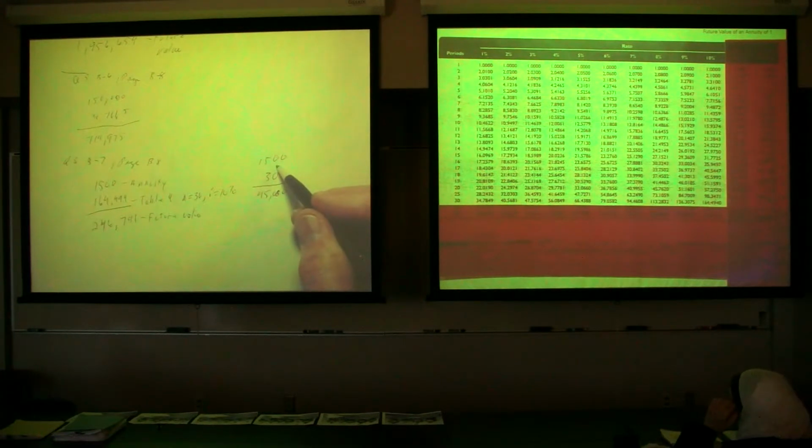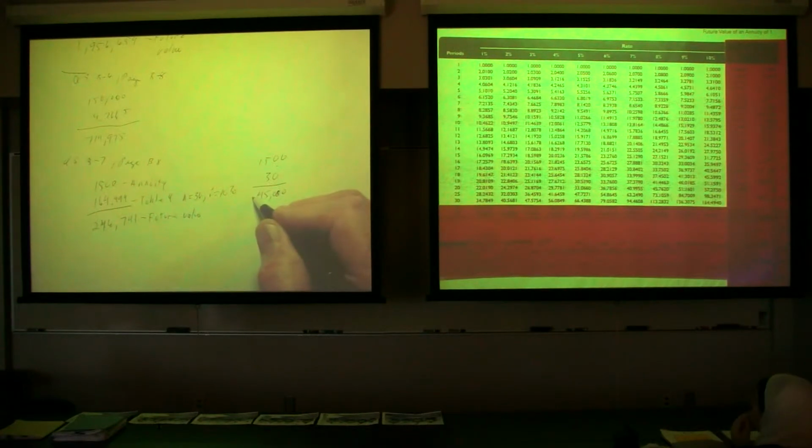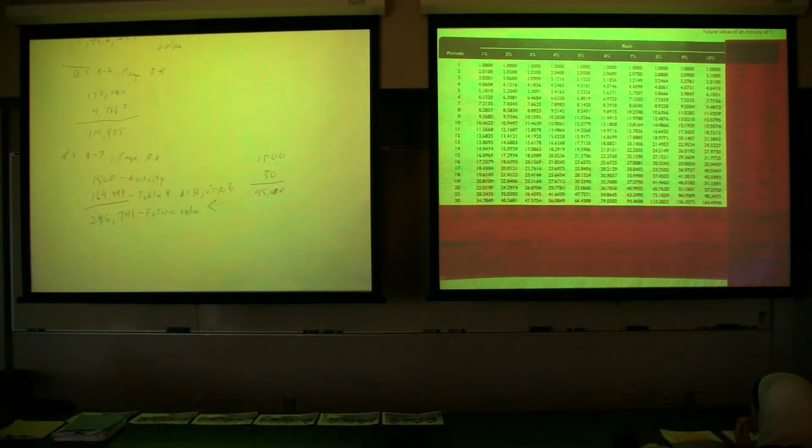So it's $1,500 every year for 30 years, and that $45,000, because of compounding, will really accumulate to $246,741. So here's the actual dollar amount. Here's what it accumulates to, which is surprising.